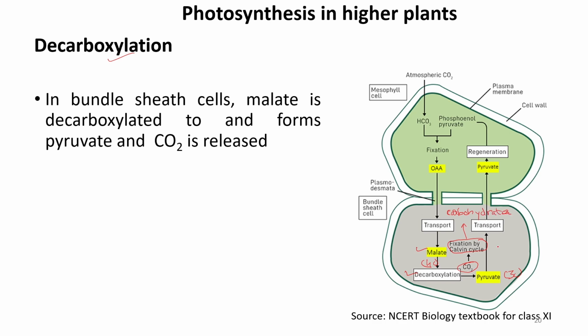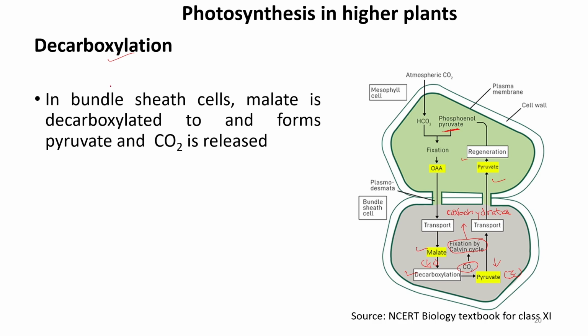Alright, now this pyruvate which is formed is transported back to the mesophyll cells. Here you can see the pyruvate. This pyruvate is transported into the mesophyll cells again, and then it is used for the regeneration of phosphoenol pyruvate, thus ensuring the continuation of the C4 cycle.